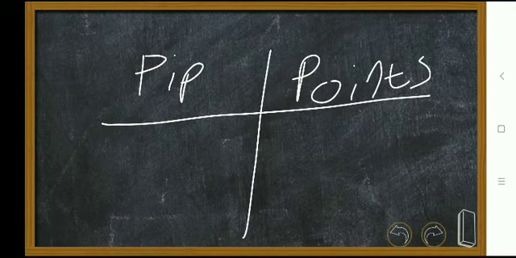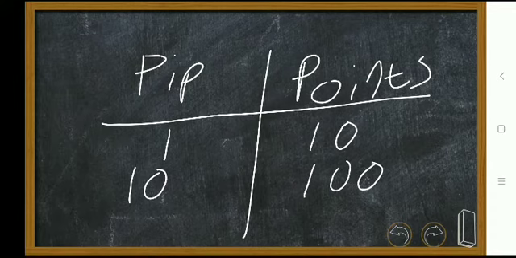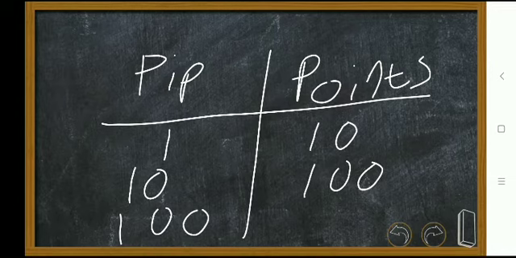So what you should know is that 1 pip is 10 points. 10 pips is 100 points. 100 pips is 1,000 points.